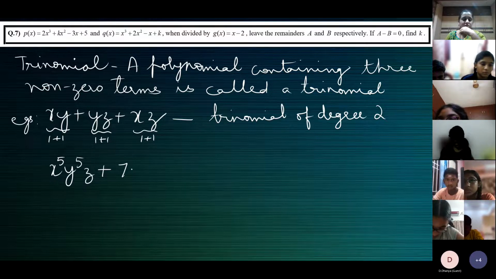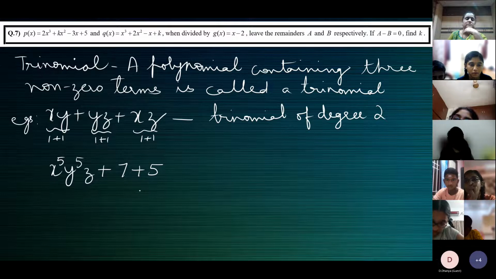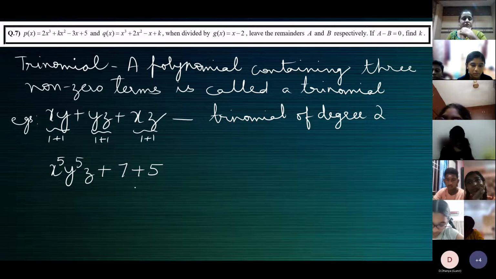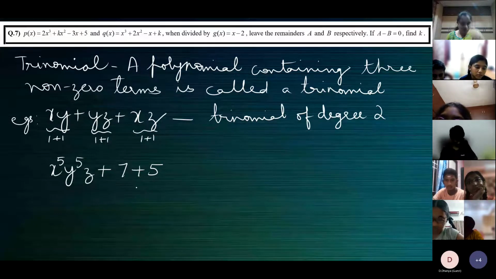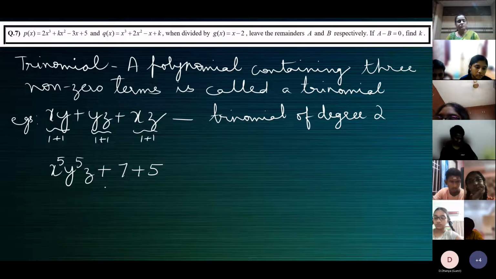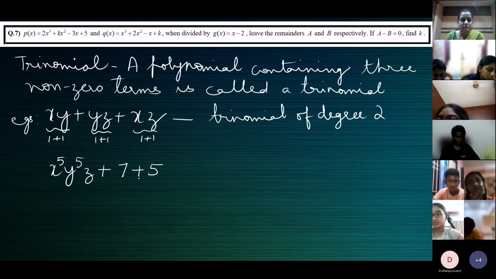Is this a trinomial? Yes, ma'am. Is this a trinomial? No, ma'am. Why? Yes, ma'am, it's a trinomial.